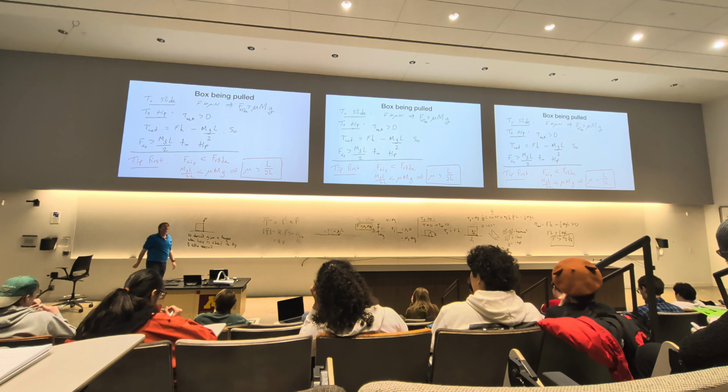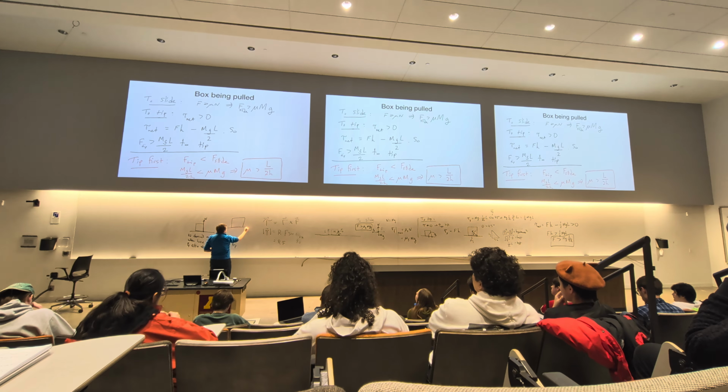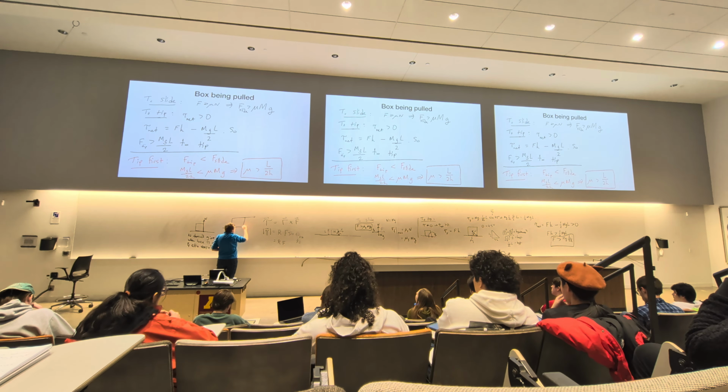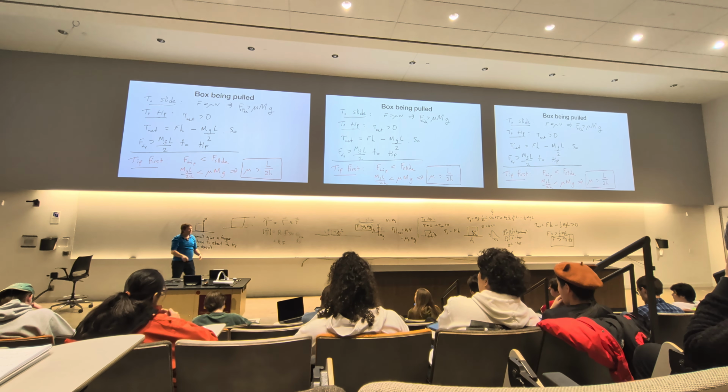Okay. So the question was for everybody, why is it easier to tip something by pulling here as opposed to there? That's your question. Basically, the torque due to gravity is always the same, right? That's the thing you're fighting. So the bigger torque you can apply, the better your chances of tipping over, right?